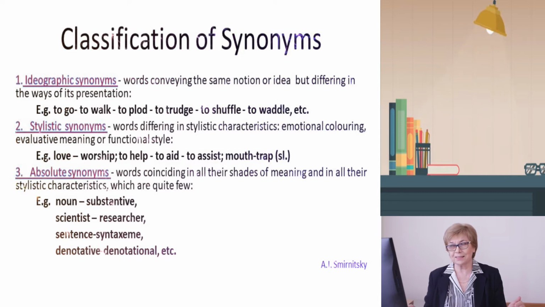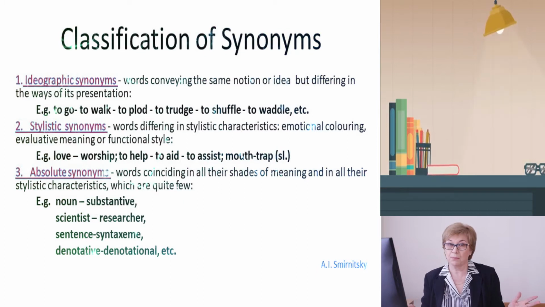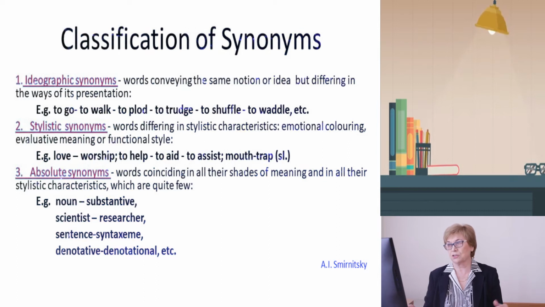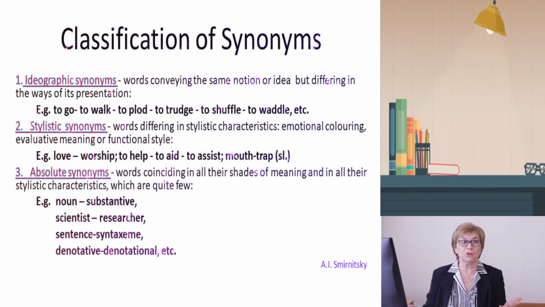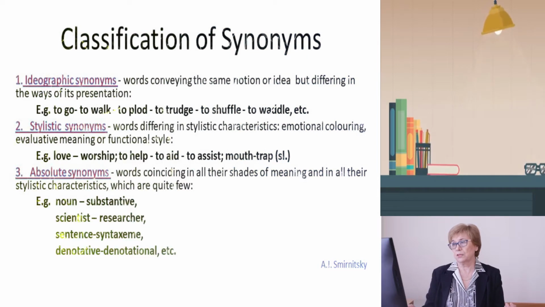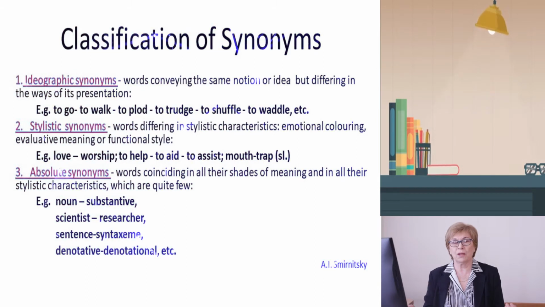Okay, stylistic synonyms. Of course, these are a pair of words, or even more than a pair sometimes, which show different stylistic characteristics, such as emotional coloring, evaluative meaning, functional style. For example, the verbs to love and to worship, they differ in what?